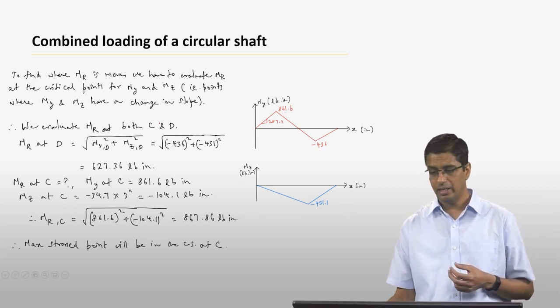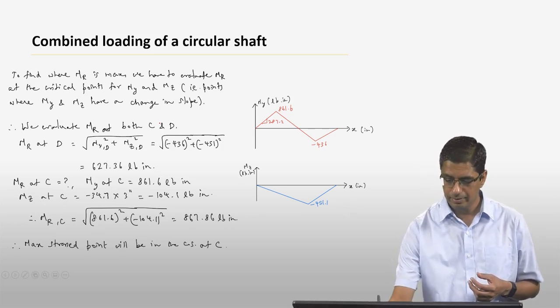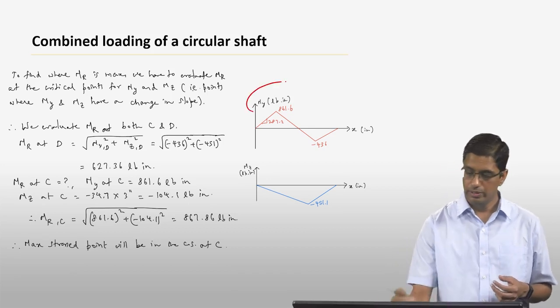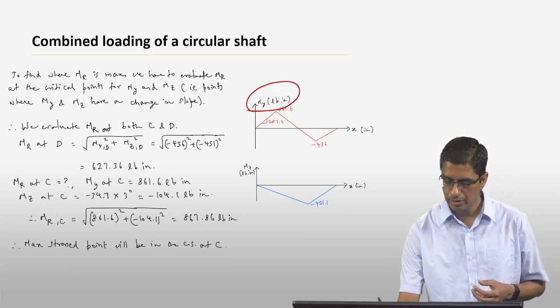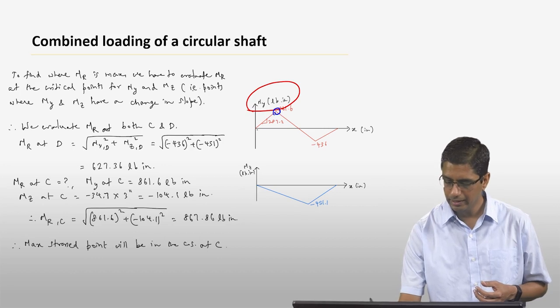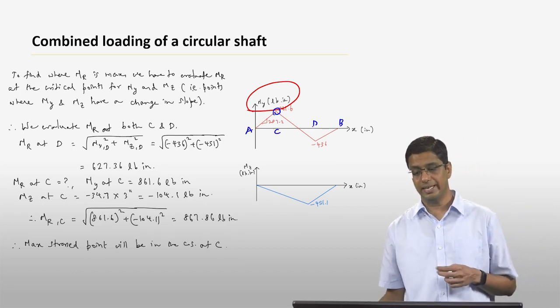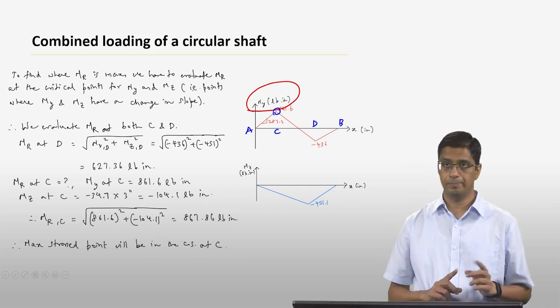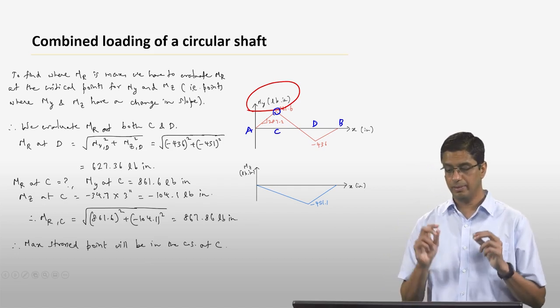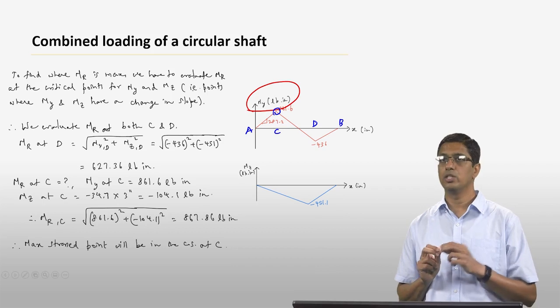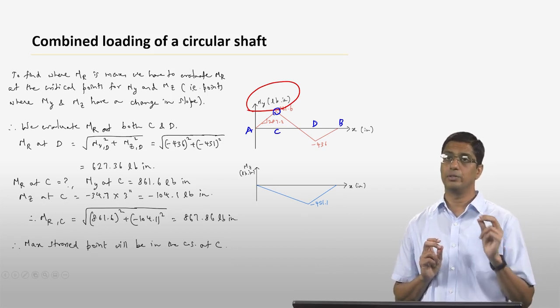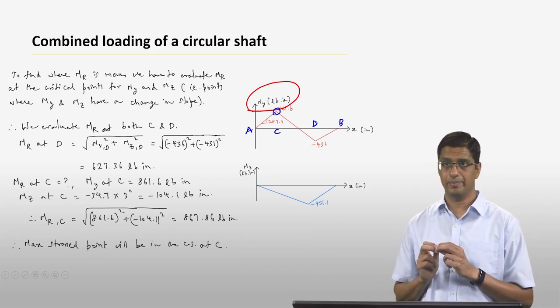If you look at the My diagram here, this is A and this is B, this is point C and this is point D. The My diagram changes slope at 2 points, point C and point D. So we have to look at those points because those are the critical points.